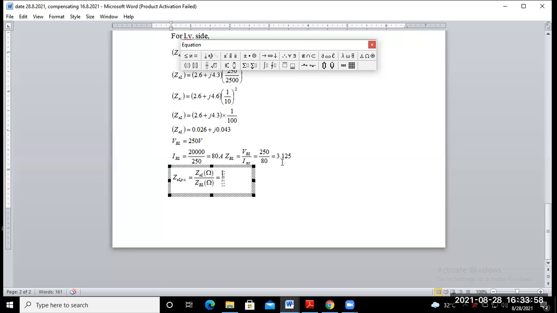So 0.026 plus J 0.043 divided by the base value, 3.125.